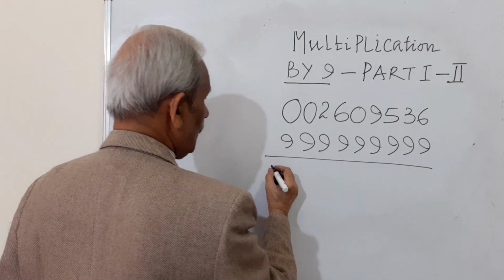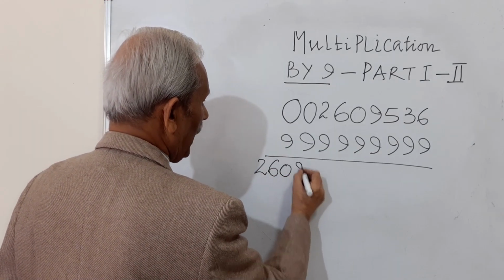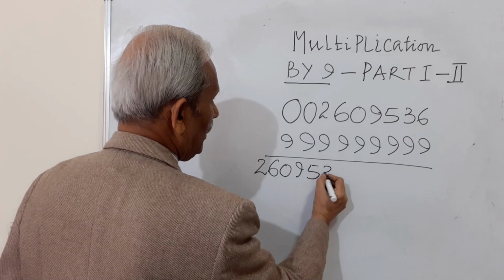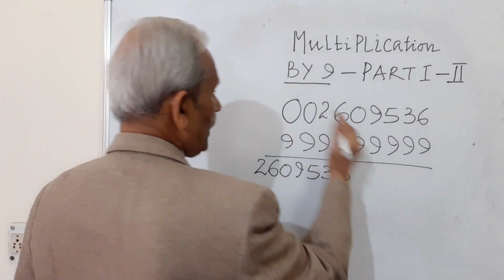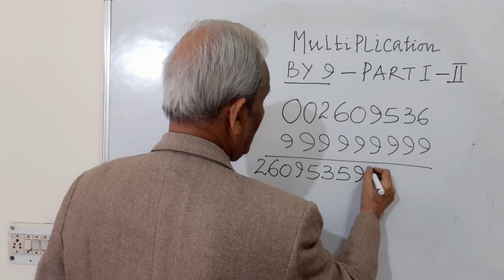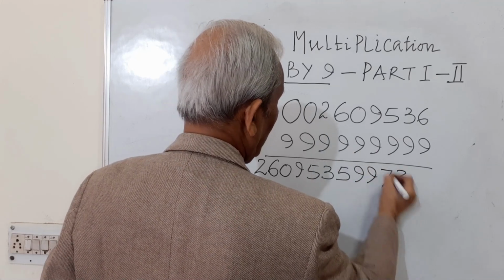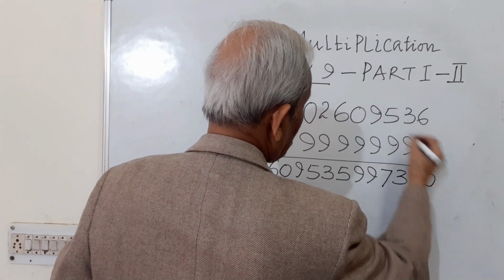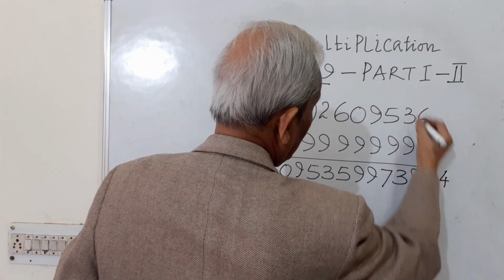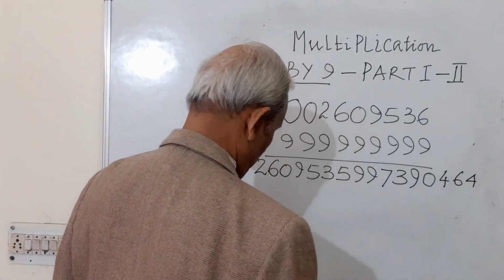This minus 1, so we'll write here 2609535, reduced by 1. And write down the complement of this. 9 minus 0 is 9, 9 minus 0 is 9, 9 minus 2 is 7, 9 minus 3 is 6, 9 minus 0 is again 9, 9 minus 9 is 0, 9 minus 5 is 4, 9 minus 3 is 6, and 10 minus 6 is 4, and that is the answer, right?